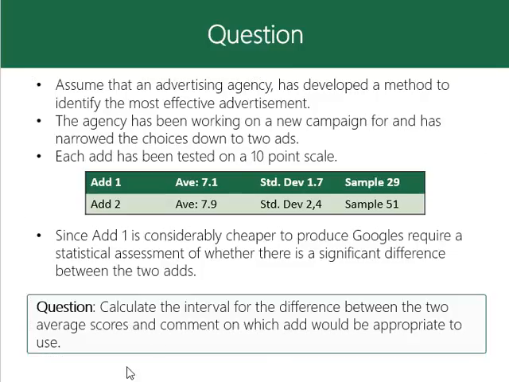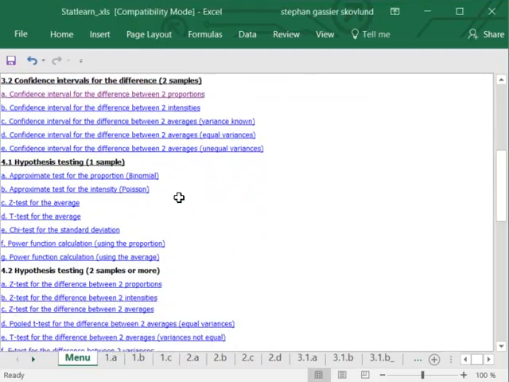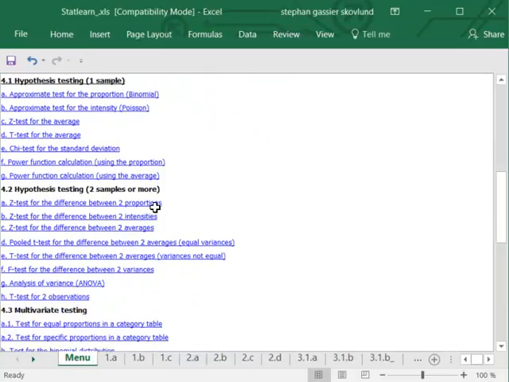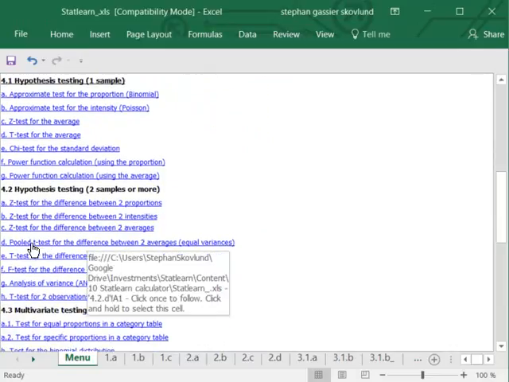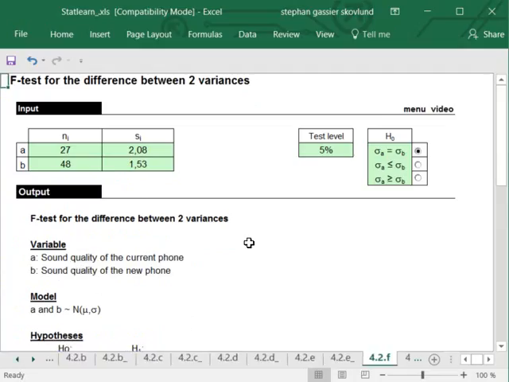So we will go into StatLearn, and scroll down to hypothesis testing 2 samples, and go to testing for difference between 2 variances. I'll delete the prior data here.